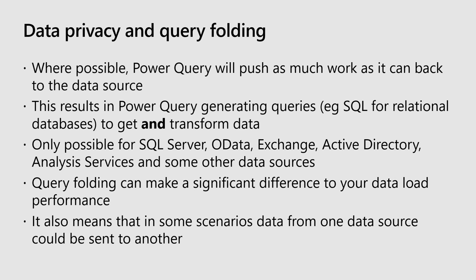Analysis Services, it will translate what you do into MDX. Lots and lots of things like that. So this is a really important behavior of the Power Query engine. Now, the important thing is, in some situations, it could result in data being sent from one data source to another, which represents a privacy risk. Let me explain.